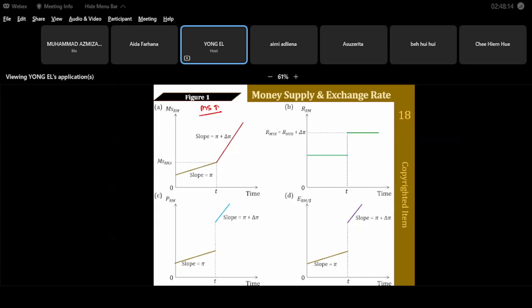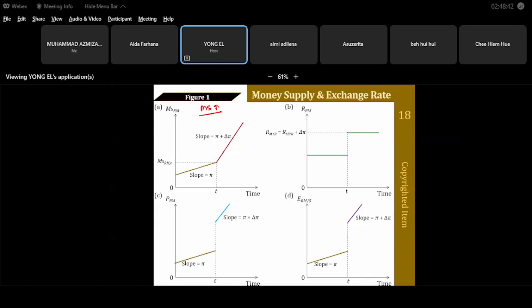And sometimes you need to do some research about policy that Malaysia is likely to use, for example, the Central Bank of Malaysia. When you get to know the central bank announced a new policy that next year the central bank will pursue monetary expansion.